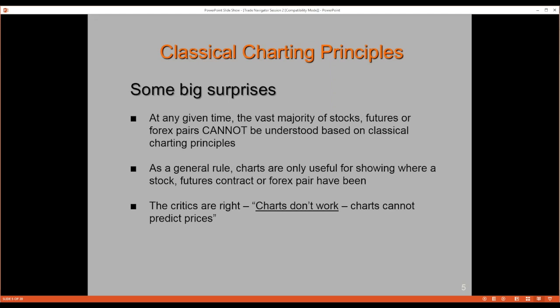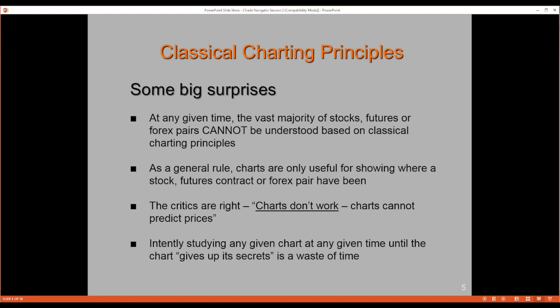Charts cannot predict prices. And keep in mind, I'm making that statement as somebody who has used charts to make a living in the markets for 40 years, but I still contend that this statement is correct. The critics are right, charts don't work. Charts cannot predict prices. There's a usefulness to charts, and I hope to touch upon what that is.